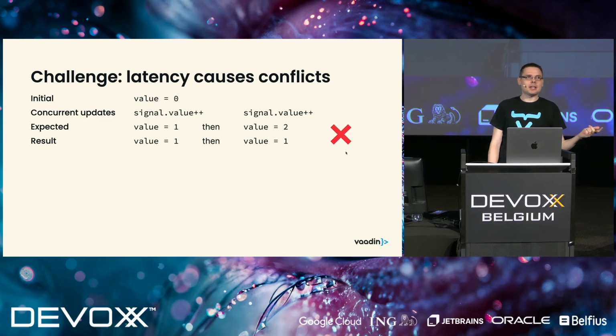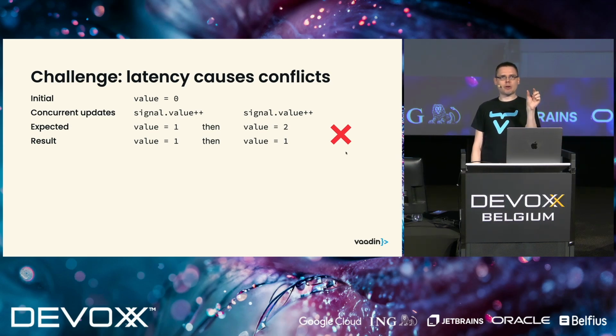But what actually might happen due to the latencies is that, well, the first one runs, sees a 0, increments it to 1, and assigns that 1 back as the signal value. But at the same time, before that has actually happened, the other client also reads a 0, adds 1 to it, and assigns that, hey, now the value is 1. So this wasn't what we expected, but this is what we will eventually get.